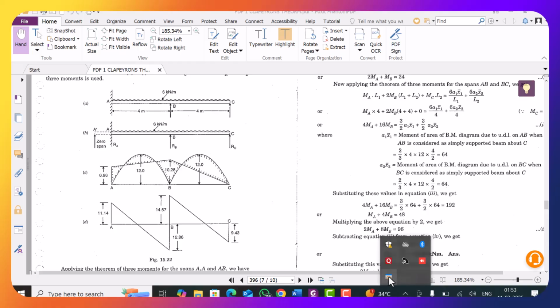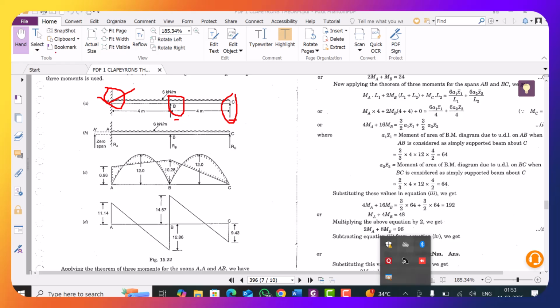This is a continuous beam, but there is one fixed support, and these are the two simple supports. So these two simple supports will offer one vertical reactive force, and this fixed support will offer two reactive forces.